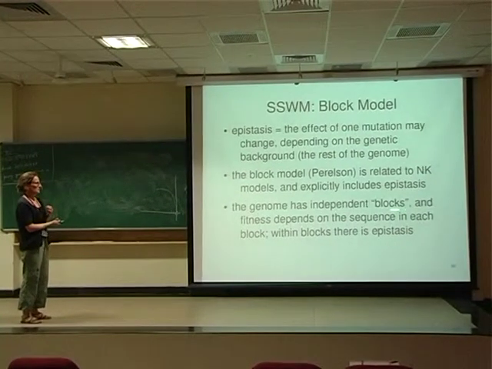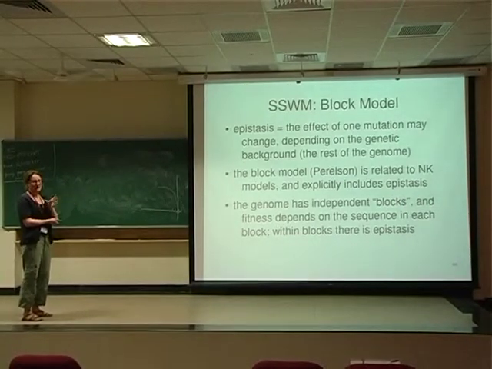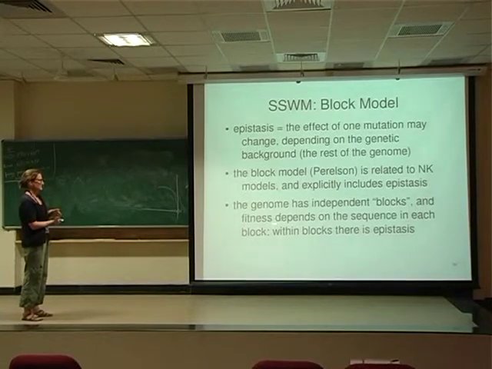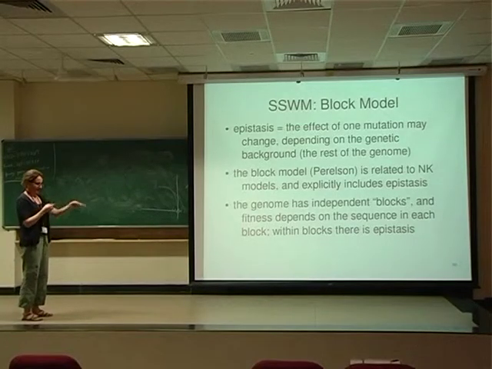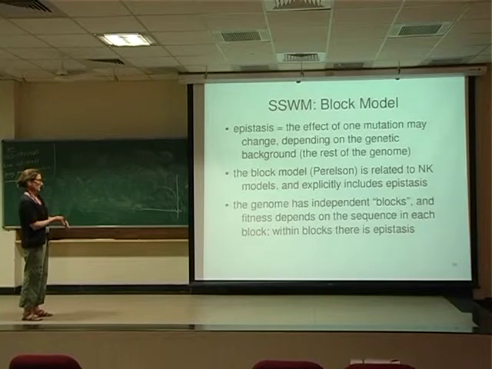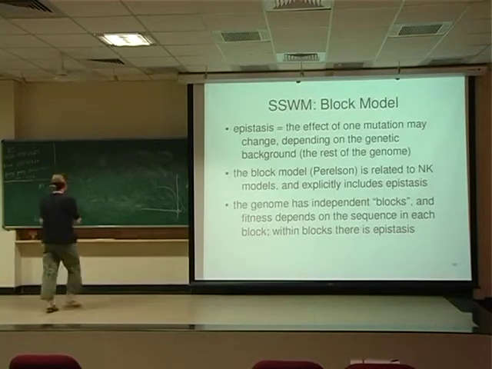So now we think of the genome having independent blocks, which are like modules, tasks that this genome has to perform. And the fitness depends on the sequence in each block. But within the block, there's epistasis. Let me draw it.